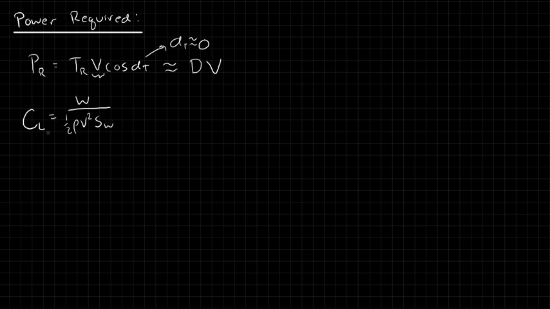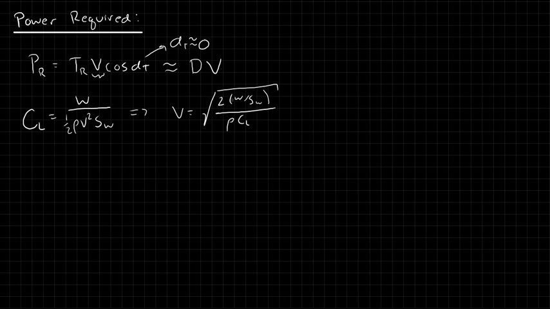So here's our V, here's our C_L. Let's solve for V. This gives us V equals the square root of 2 W over S_W, which we know as the wing loading, divided by rho C_L.